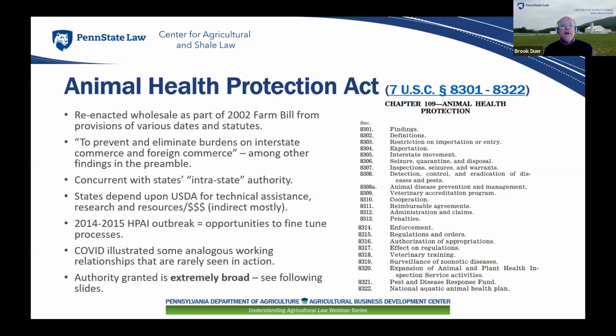But that was a large high path avian influenza outbreak, and it had been the first one for quite a number of years, and was really the thing that started the path that we're on today, with the things that you read about in the ag press with regard to HPAI control efforts going on today, whether it's in poultry or in other animals, specifically dairy cattle.